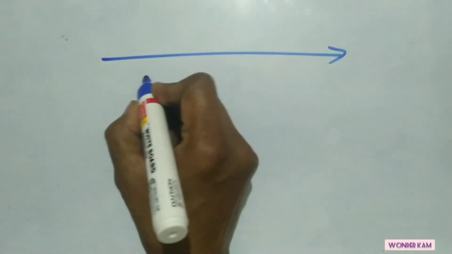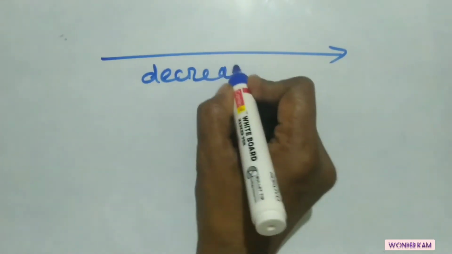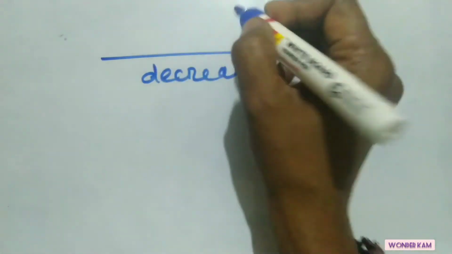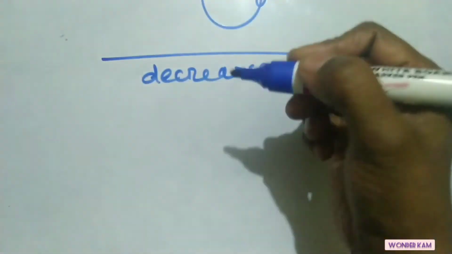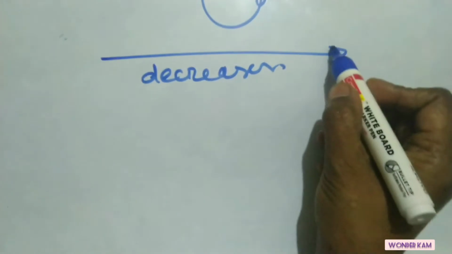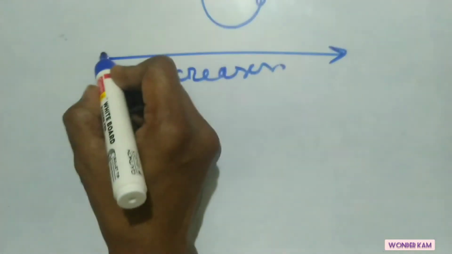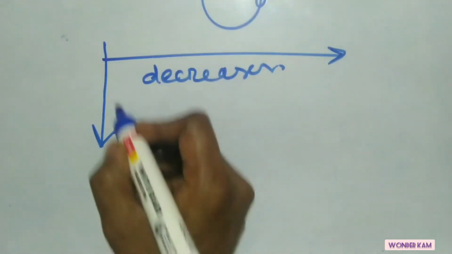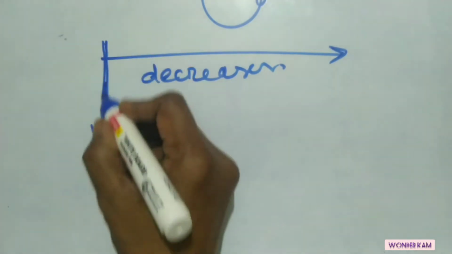As we move from left to right of the periodic table, the metallic character decreases. As the number of electrons is increasing in the outermost shell, it is difficult to lose electrons. So the losing of electrons decreases, and so does the metallic character. Whereas in a group, the metallic character increases as we move down the group.